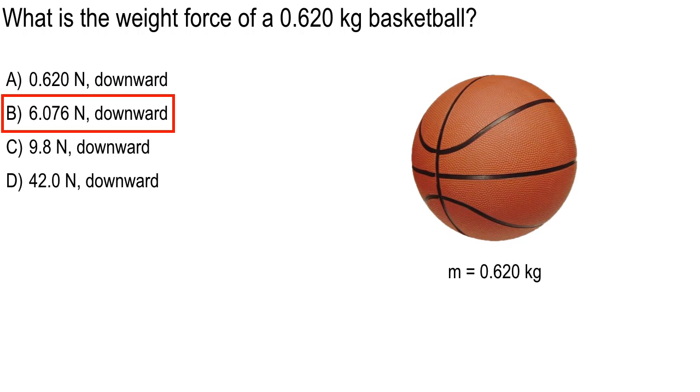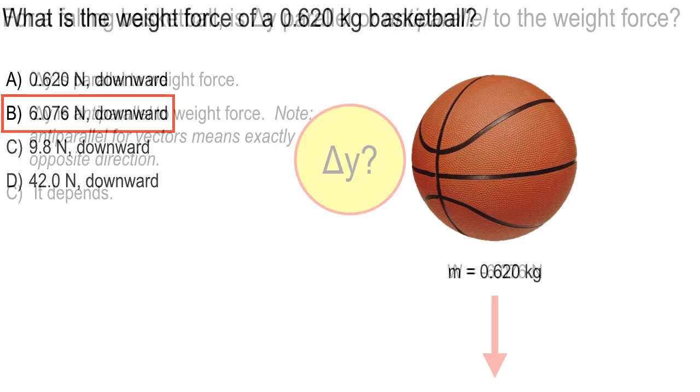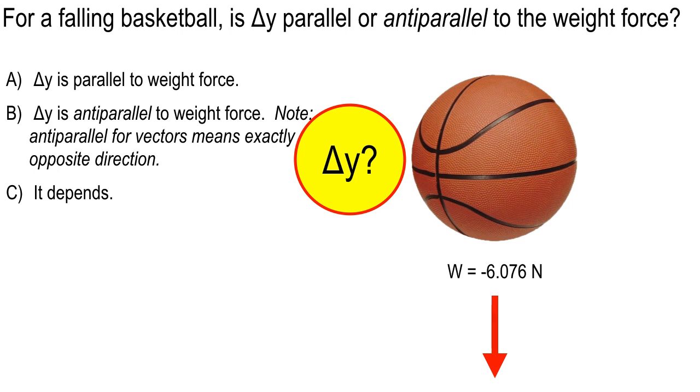Now, for the falling basketball, let's do a little vocabulary term here, because I use this term parallel and antiparallel. For a falling basketball, is delta y parallel or anti-parallel to the weight force?